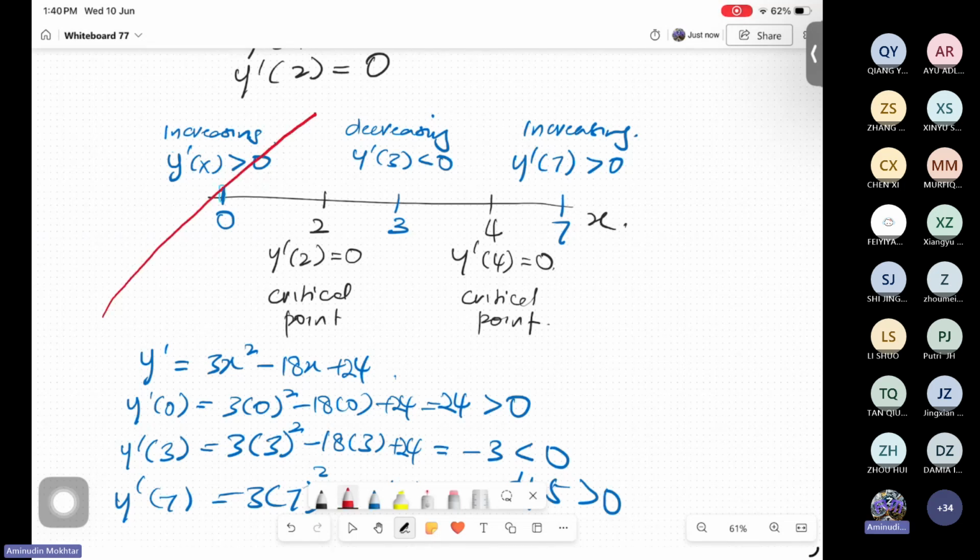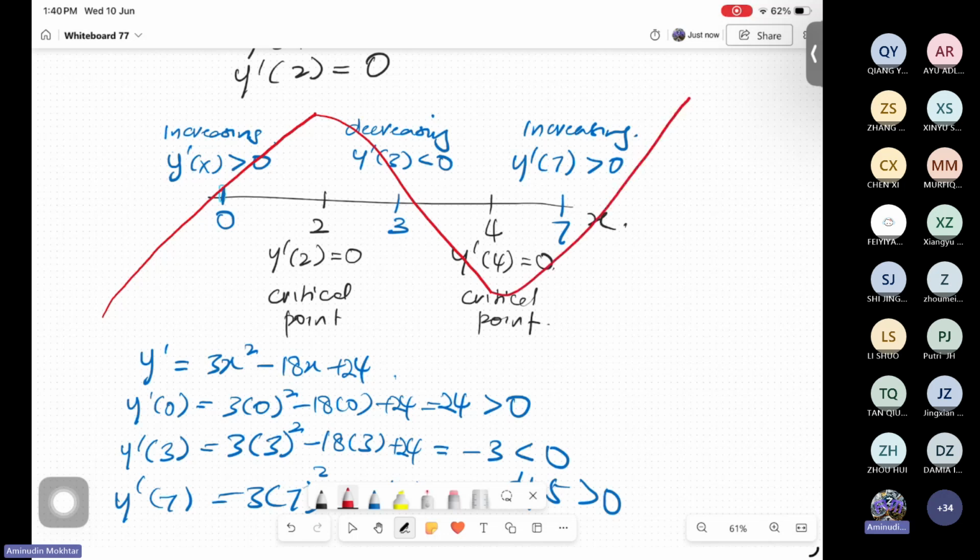Between 2 and 4, the function is decreasing. After x equals 4, the function is increasing again.